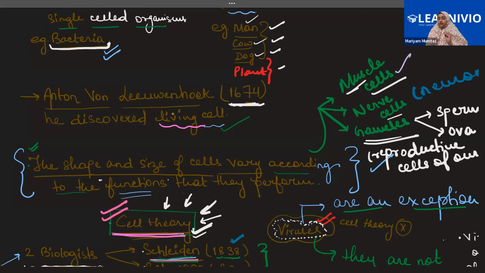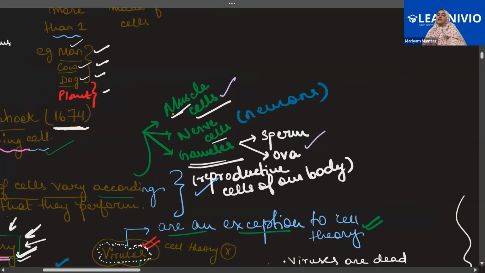Now, when we talk about the shape and size of the cell, it varies. There are so many different kinds of cells in our body, and each one has a particular shape or size so as to be able to do the functions they are supposed to perform. They do a variety of functions, and depending on that, their shapes and sizes are different. Such as the muscle cells, which are responsible for movement in our body.